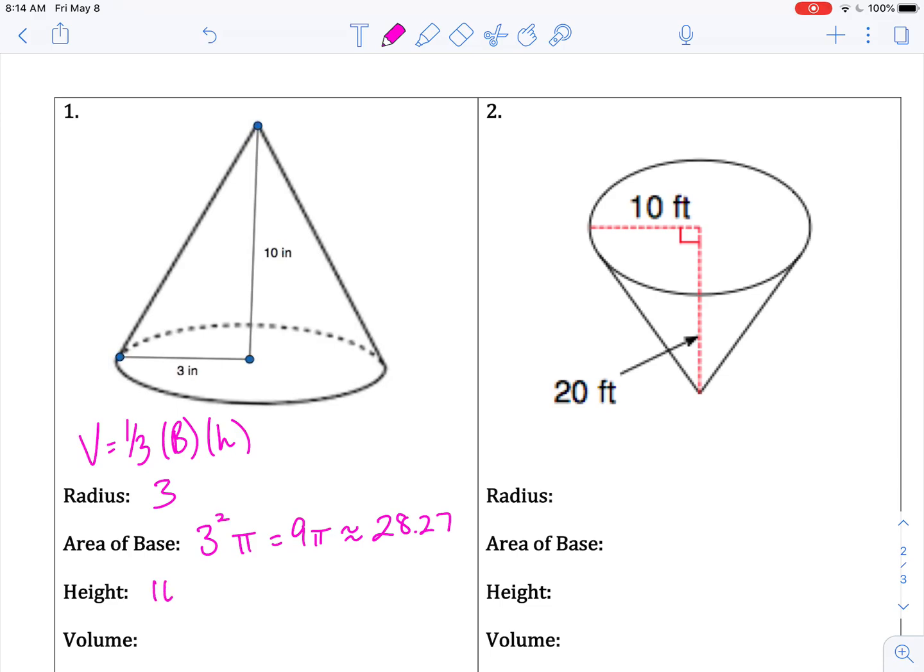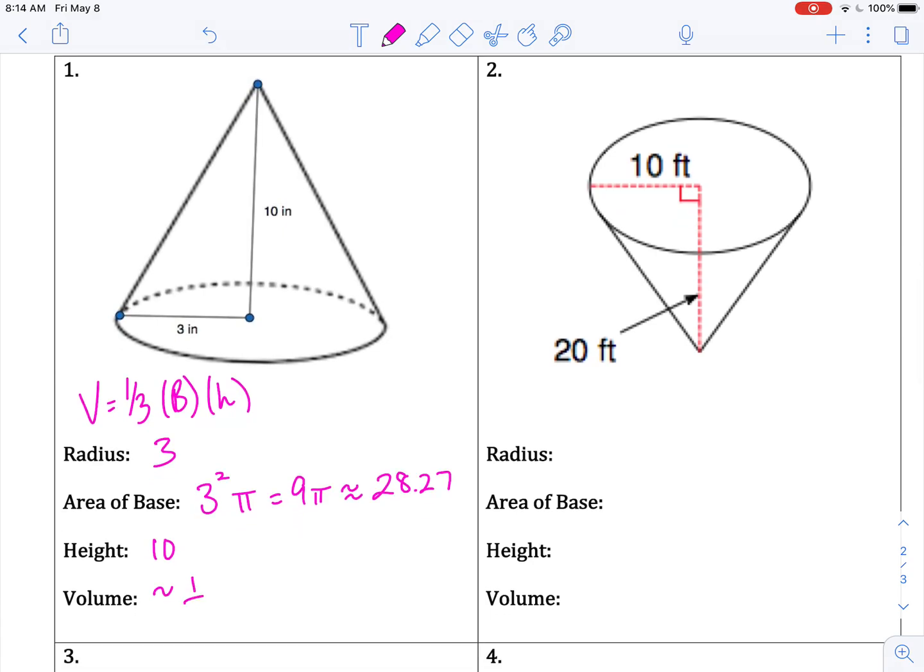Okay, and that height is 10, so the volume is going to be approximately 282.7 divided by 3. Because again, we've got the 1/3 area of the base times the height. So this is going to be about 94.25 cubic inches.